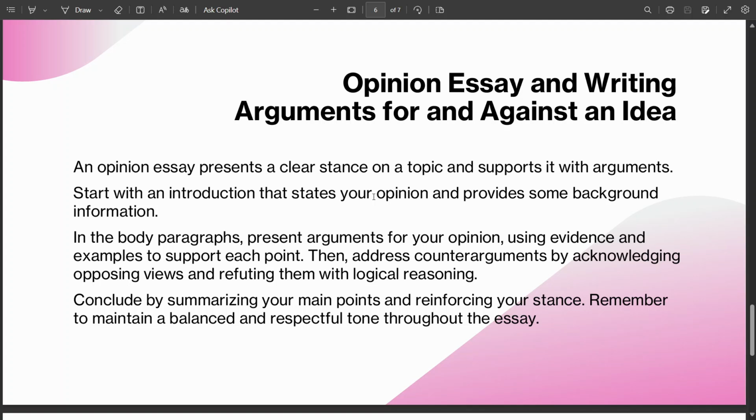So, in one paragraph, you're supporting it, in the other paragraph, you're acknowledging the counter arguments, not by refuting them, but by just mentioning some of their points. And at the very end, in the conclusion paragraph, you can mention your opinion as well. So, both of these two techniques are good. It doesn't matter which one you use for the exam day, just use one that feels better and more natural for you. Okay, it's going to be good.